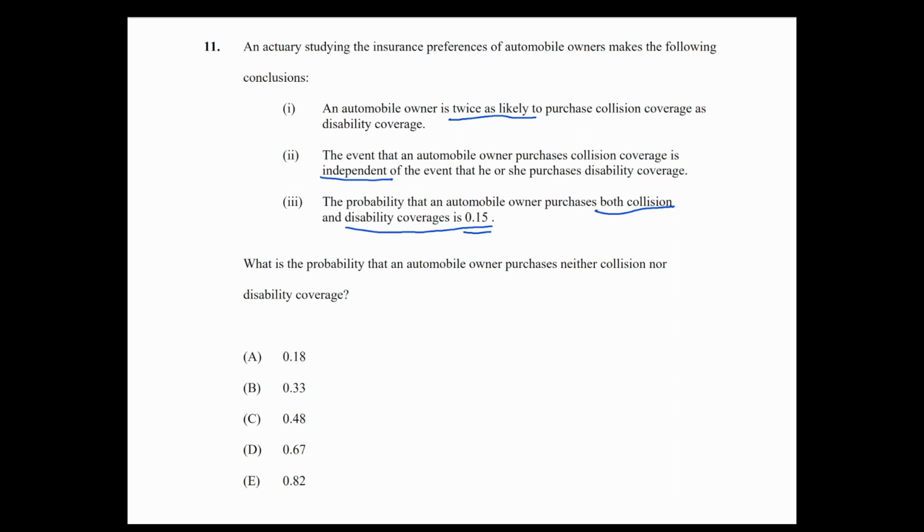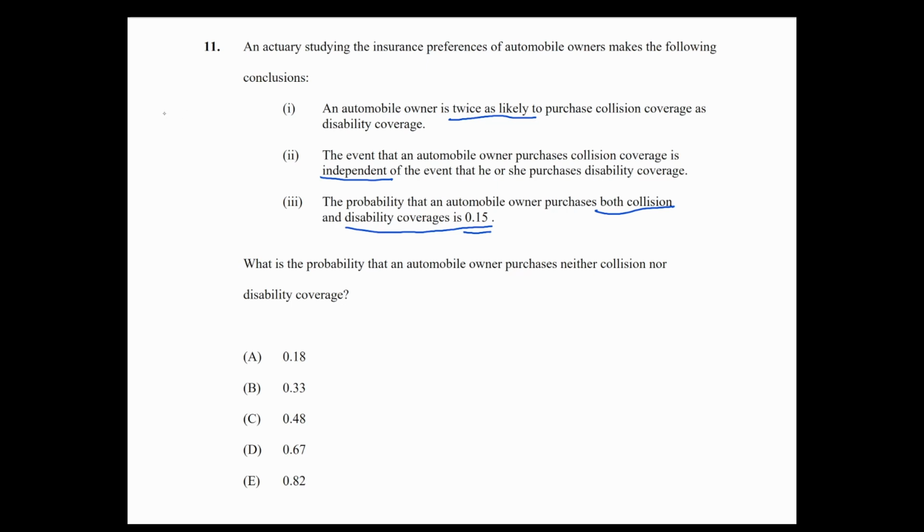So the first thing I think we should do is define point 1. An automobile owner is twice as likely to purchase collision coverage as disability coverage. So I'm going to denote C as collision and D as disability.